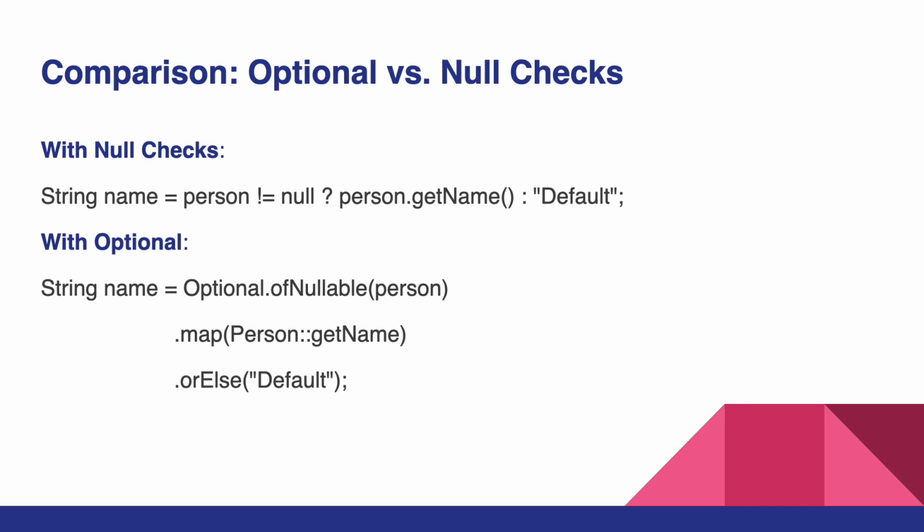Let's compare these code snippets below, before Java 8 and with Java 8 Optionals. The Optional based approach is not only more concise but also free from null handling complexities.